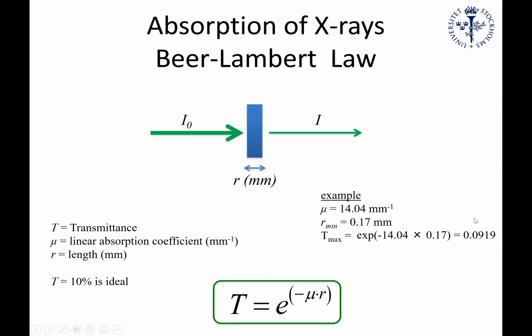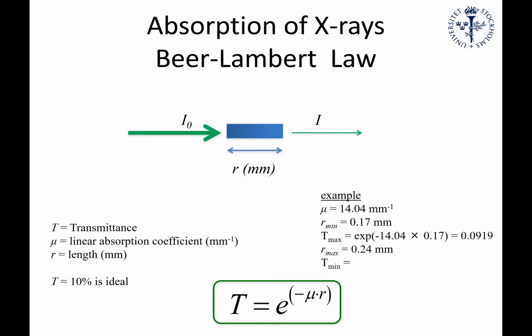Now let's say you were to rotate the crystal so that rather than having the shortest length of the crystal being the path that the X-rays go through, now we have the longest length of the crystal in the X-ray beam. Now the linear absorption coefficient, like I said, is dependent on the crystal structure, so that doesn't change just by changing the orientation of the crystal. But the path length that the X-rays take through the crystal has increased quite a bit.